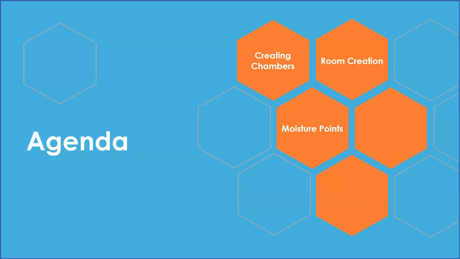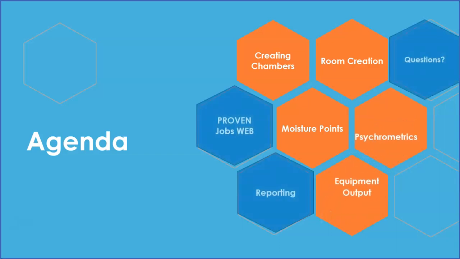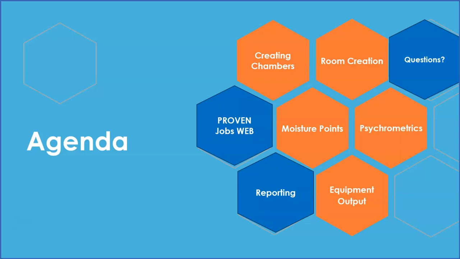Then take a look at creating our moisture points, applying our equipment outputs, then moving on to our psychrometrics. Then we will take a look at how all that information is viewed and managed in our Proven Jobs web system and review our dry log reporting, and then answer any questions that you all may have.